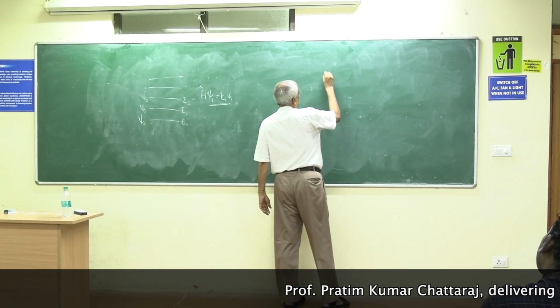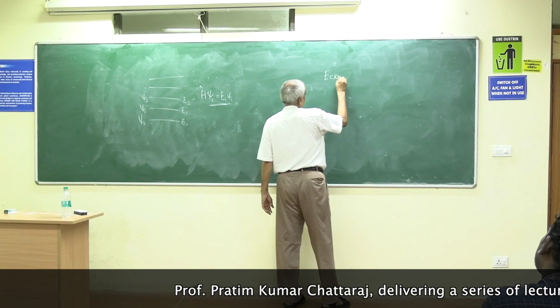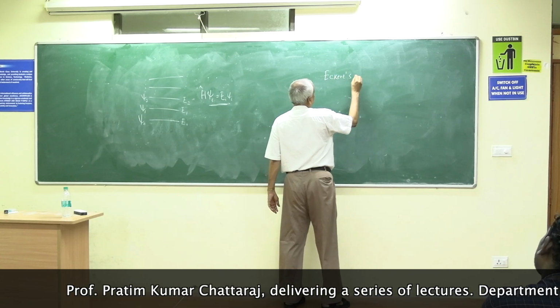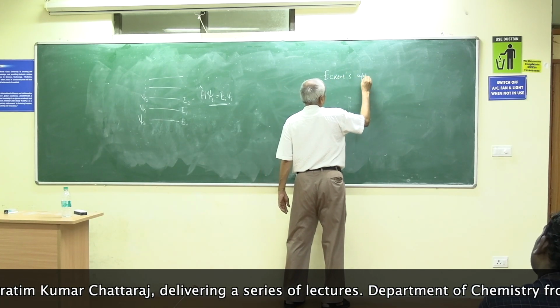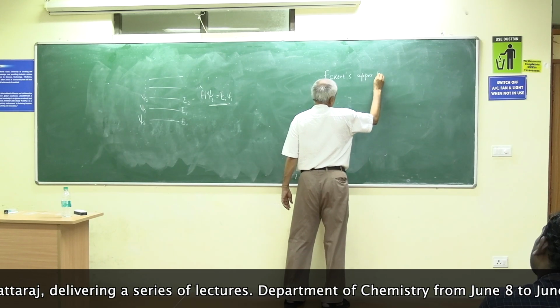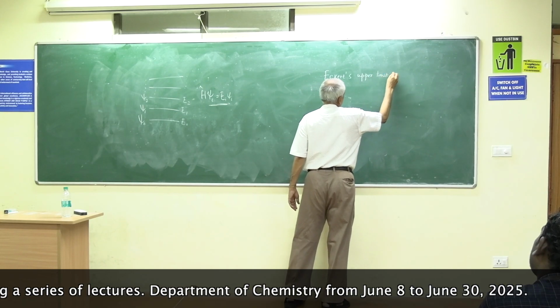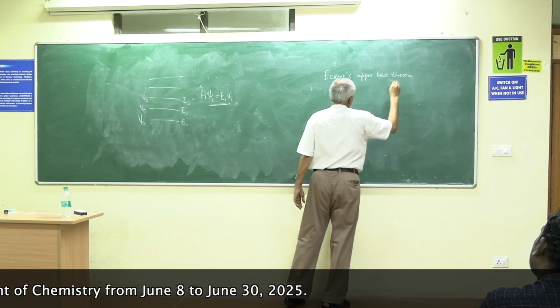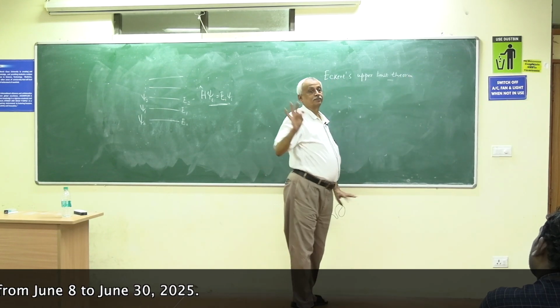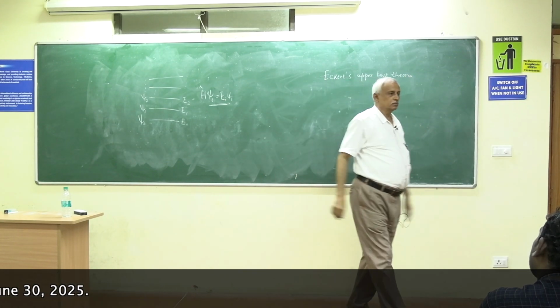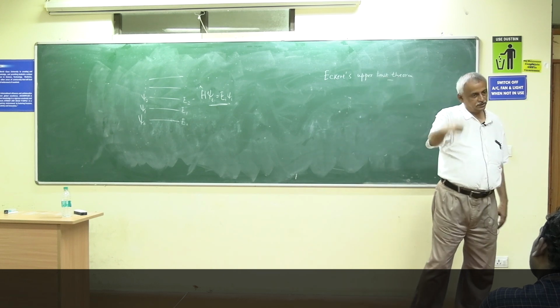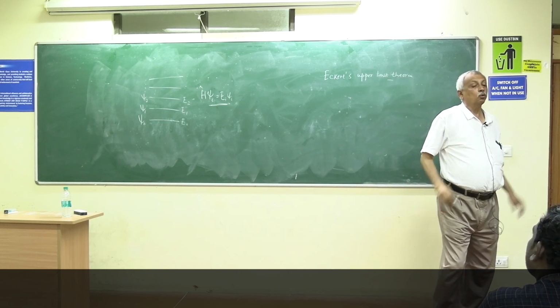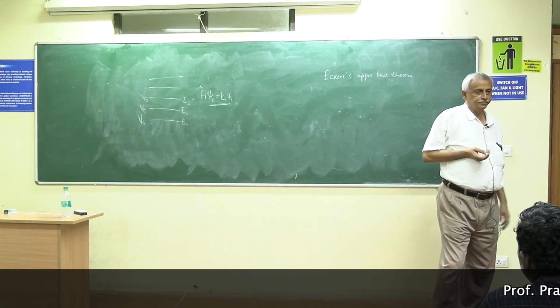It was first shown by Eckart. This is called Eckart's upper limit theorem. Actually, this is the crux of quantum chemistry. Any quantum chemical calculation has to follow this Eckart's upper limit theorem. Now, what is that theorem?